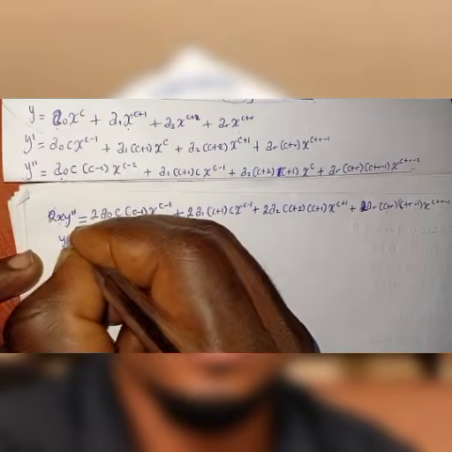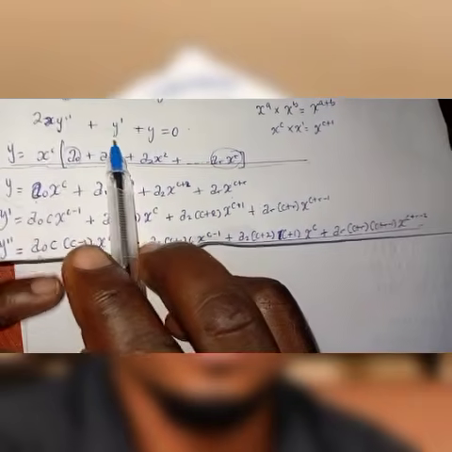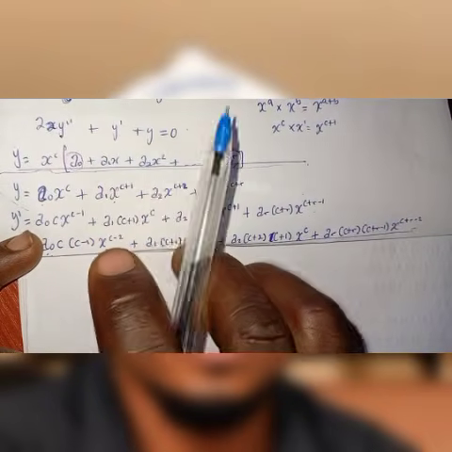Now y prime, there is no coefficient. There is no coefficient for y prime and there is no coefficient for y. So we just need to rewrite them.